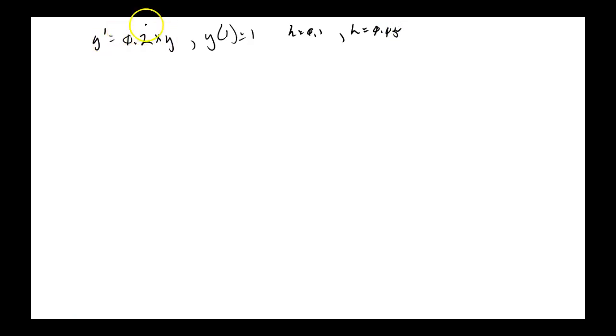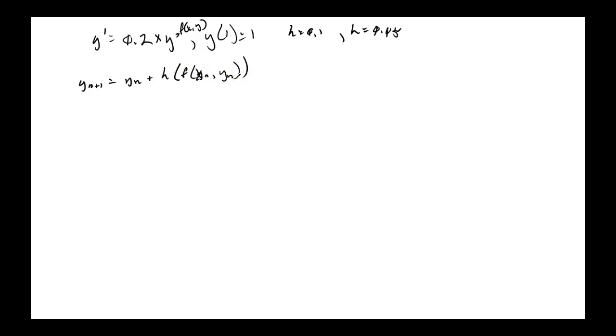So that's our f of x, y. So our formula again is y sub n plus 1 is equal to y sub n plus h times f of x sub n, y sub n.